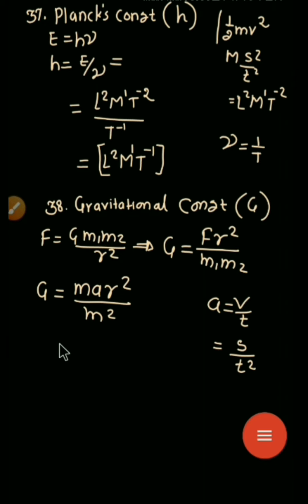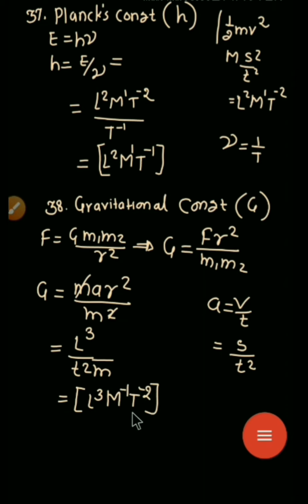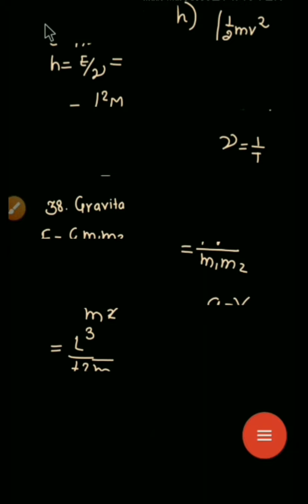So this mass gets cancelled with this mass. For acceleration we write s, which is length, upon t square. Here we have r, which is radius, again length, so r square gives L cube. So finally we have L cube M minus 1 T minus 2, and this is the dimensional formula for the gravitational constant.